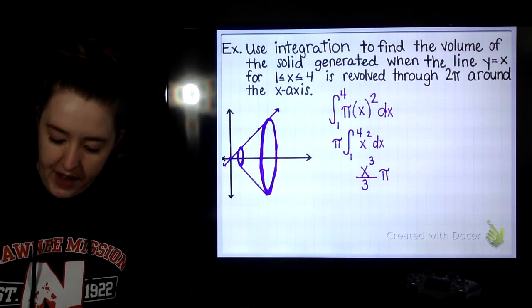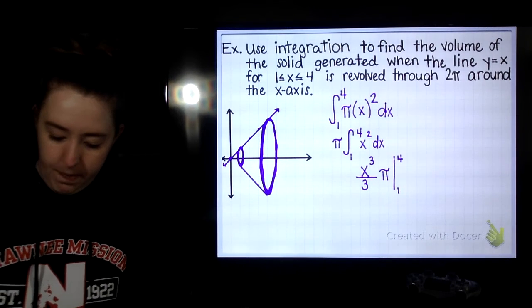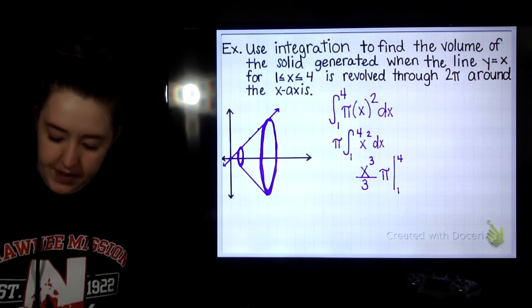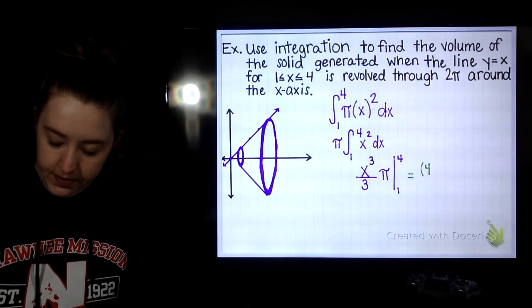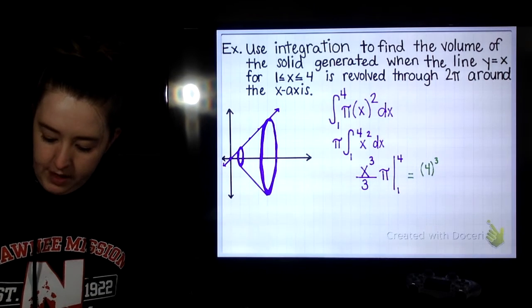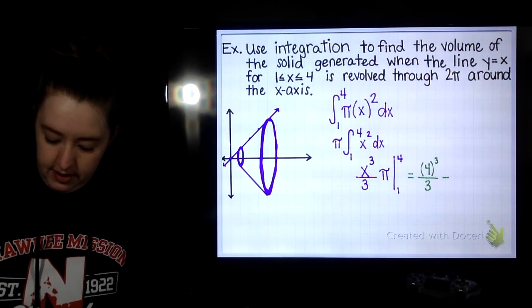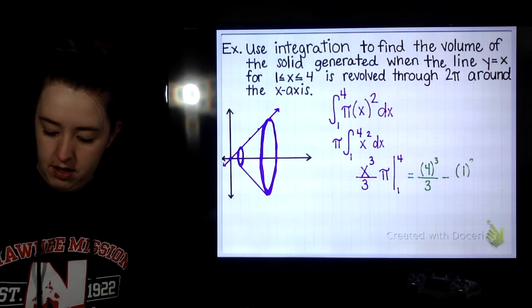And I need to evaluate that from 1 till 4. So the first thing we have to do is plug in 4. So I'll take 4 cubed divided by 3 minus 1 cubed divided by 3.